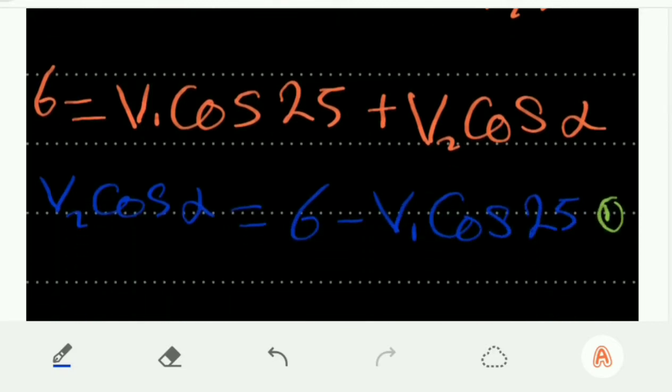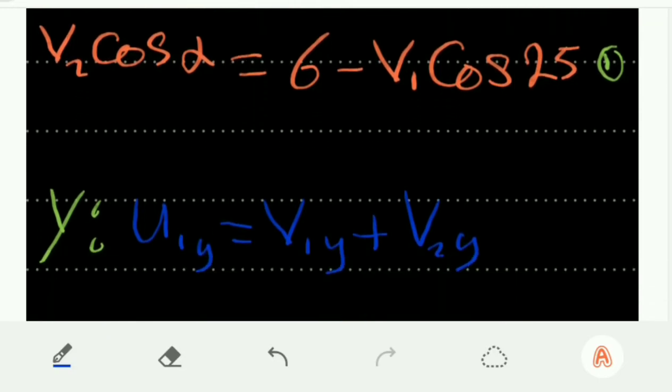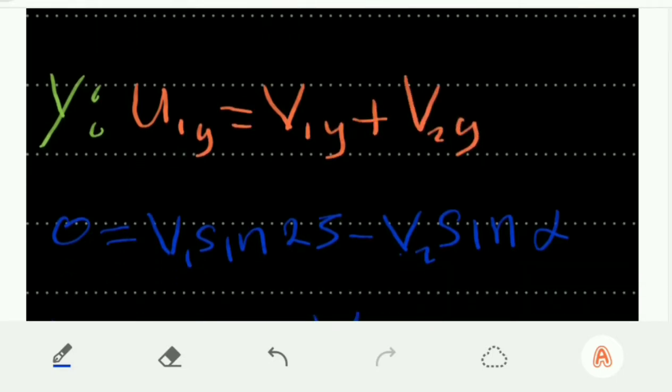So we can simply rewrite it in terms of v2 cos alpha being equal to 6 minus v1 cos 25. We can call this our equation 1. Then we go to the y component. We have u1y equals v1y plus v2y. Notice that originally the ball is just moving in the x direction, therefore the initial y speed is 0.